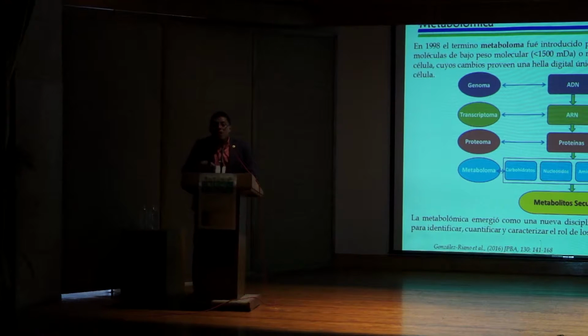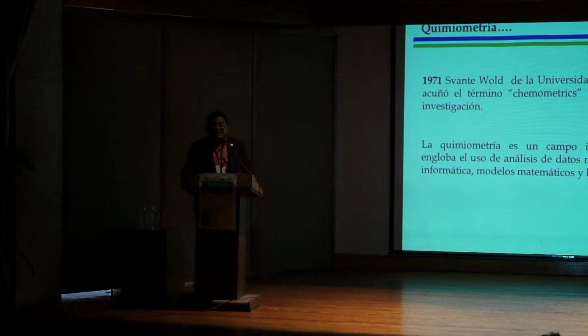We needed to know what is happening, and that is when chemometrics appeared, because chemometrics is one of the tools that can be used to analyze the data that metabolomics is providing. You get the data from metabolomics, and then you have to use chemometrics to analyze that.